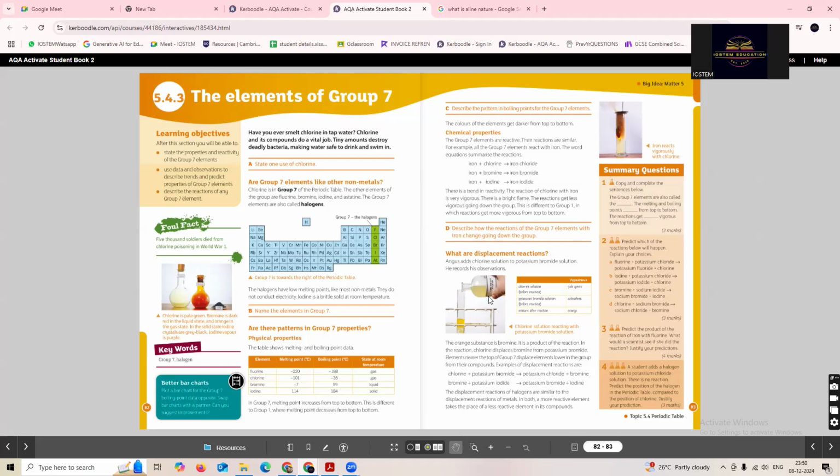And they are very brittle in nature. Brittle in nature means that these elements are brittle. They are brittle at room temperature.